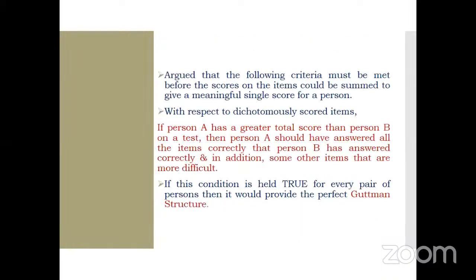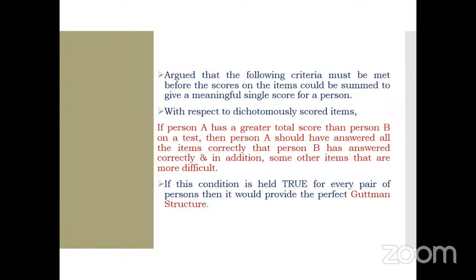Now, when the Guttman structure was proposed, it was argued that the following criteria must be met before the scores on the items could be summed to get a meaningful single score for a person. When we consider the observed score to represent the trait for a particular person, and conclude based on one single score, this criterion must be met.